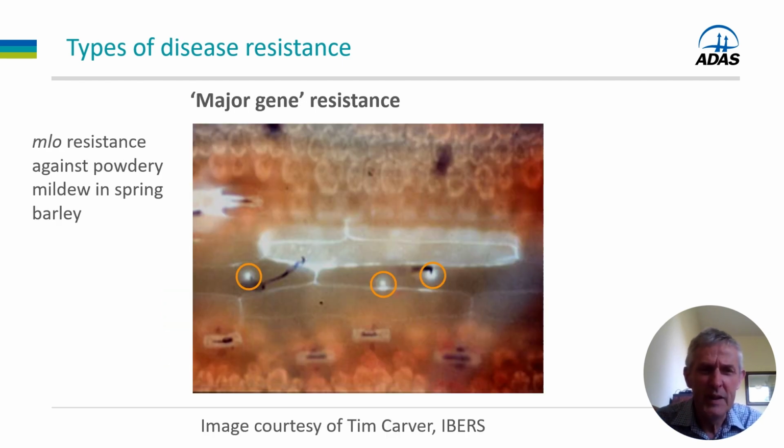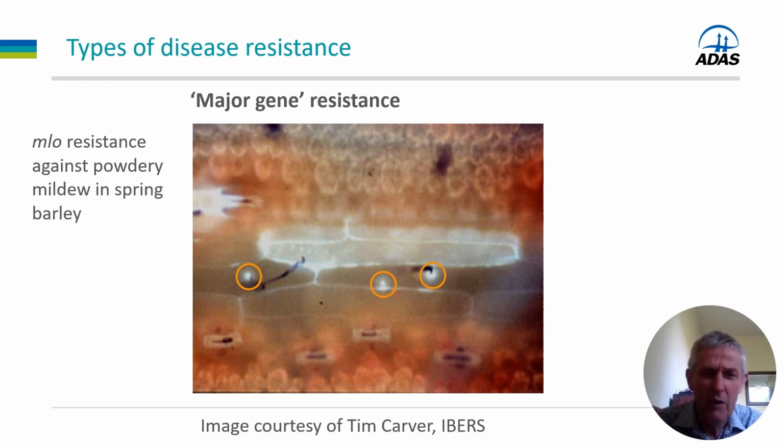So this is an example of a major gene type of resistance. It's a gene called MLO, which provides resistance against powdery mildew in spring barley. And we can see here an image taken down a microscope of the leaf cells on the leaf surface, or epidermis, of a spring barley leaf.